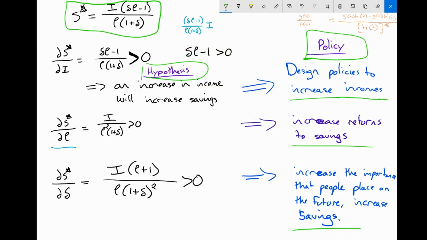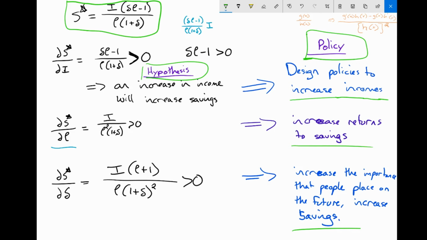I don't have to solve a whole bunch of complicated math to figure out that increasing incomes is probably going to increase savings. And I don't need to solve complicated math to know that increasing the returns to savings is going to increase savings. Okay, that's fine. But as models get more complicated, we're able to derive predictions that are much more difficult to come up with using just conceptual intuition.